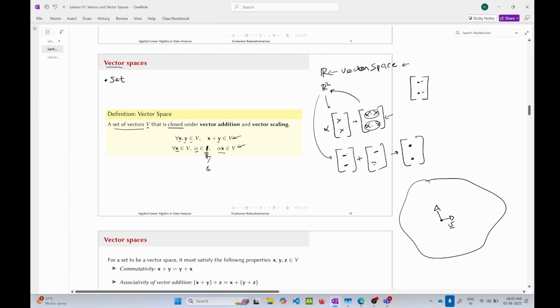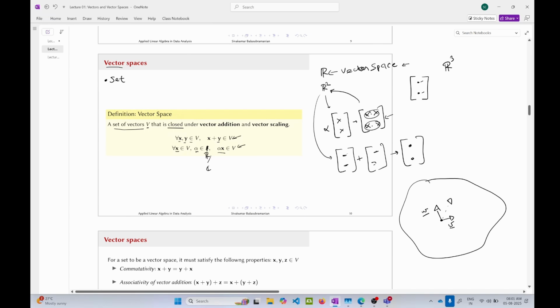Similarly, if I take two vectors like this and add them, the new vector will be here. Remember, these are all vectors with finite values; infinity is not included in the real numbers. Adding two finite values produces a finite value, so the new vector has to be in the plane. That means it's closed under vector scaling and vector addition. So R2 is in fact a vector space.